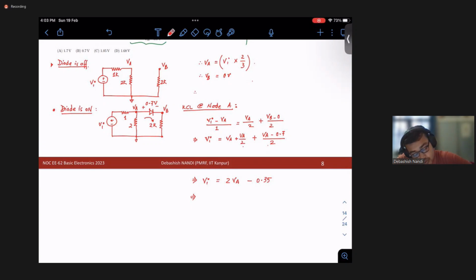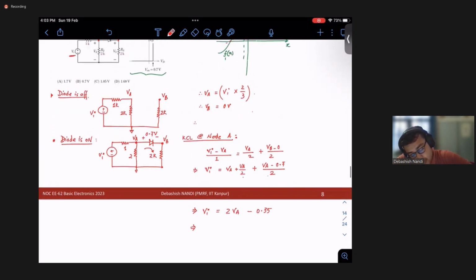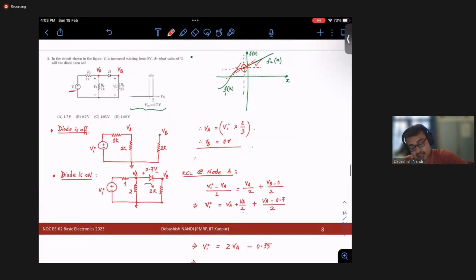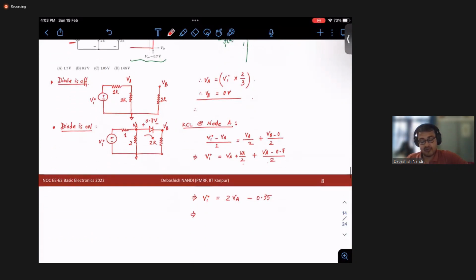At this stage, can you just tell me what is the junction point? Junction point means these are two states, right? This is one state of the diode voltage. This is one state of the diode voltage. So what are the conditions on VI? How will VI merge with each other?